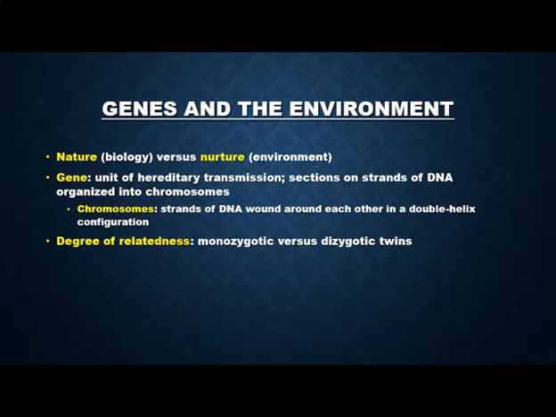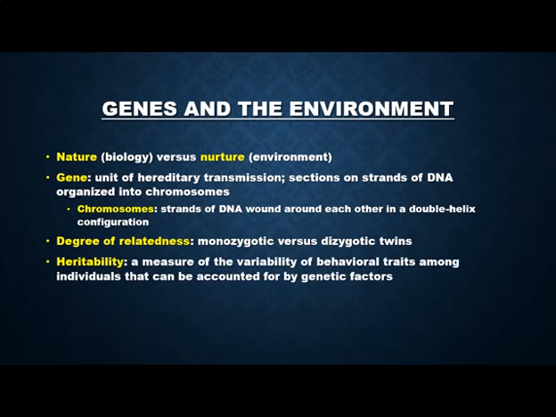Whereas dizygotic twins, in that case, have the same level of risk as siblings do. So that reduces the probability that we're talking about some sort of environmental influence. So this allows us to look at genes and environment in different ways.